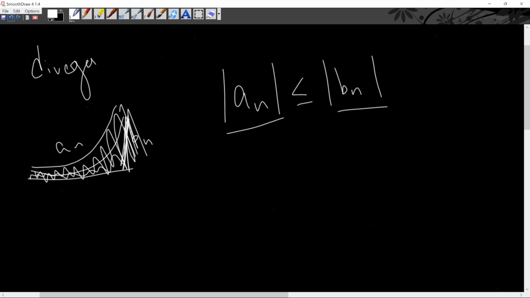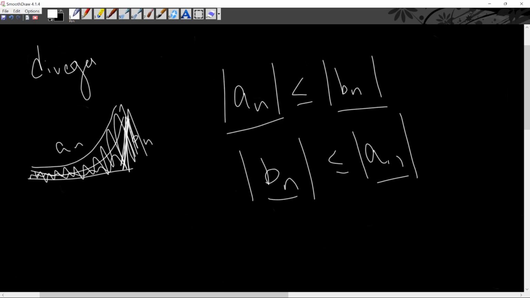absolute value of B is not absolutely convergent, so if B sub n is not absolutely convergent, it can still be conditionally convergent or divergent, but if we just acknowledge that B sub n is not absolutely convergent, then A sub n is greater than or equal to it, since every term in this is greater than this, it could still conditionally converge.